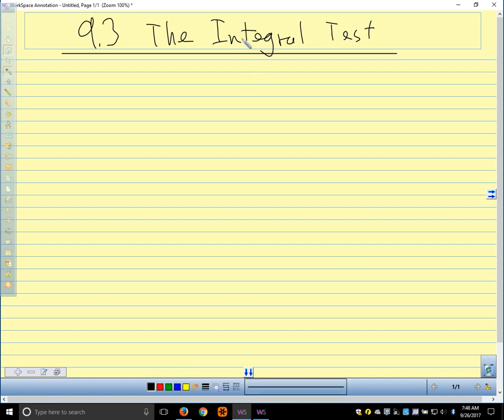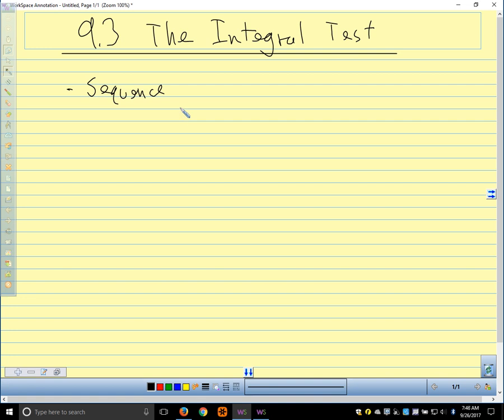All right. So we're going to talk about the integral test today, but I wanted to do a quick recap of our topic so far because we've only gone through a couple of sections. Well, we've covered a lot of ground. So we started with a sequence. And we said our definition of a sequence is a function of the positive integers.